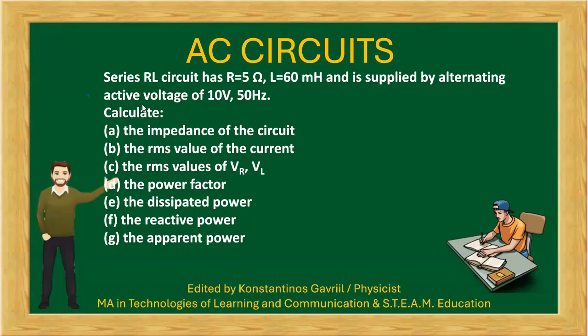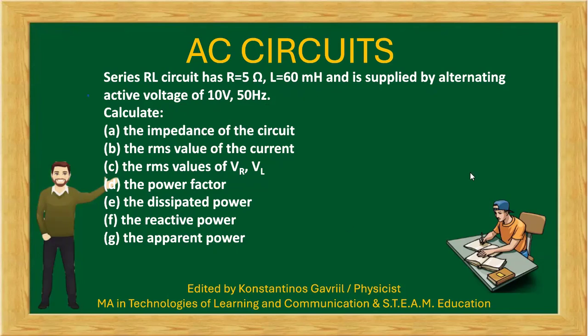So we have an RL series circuit with R being 5 ohms, L being 60 millihenry, and it is applied by an alternating active voltage, or RMS, as we used to say, of 10 volts and 50 hertz. We need to calculate the impedance, the RMS value of the current, the RMS values of the VR and the VL, the power factor, the dissipated power, the reactive power, and the apparent power.